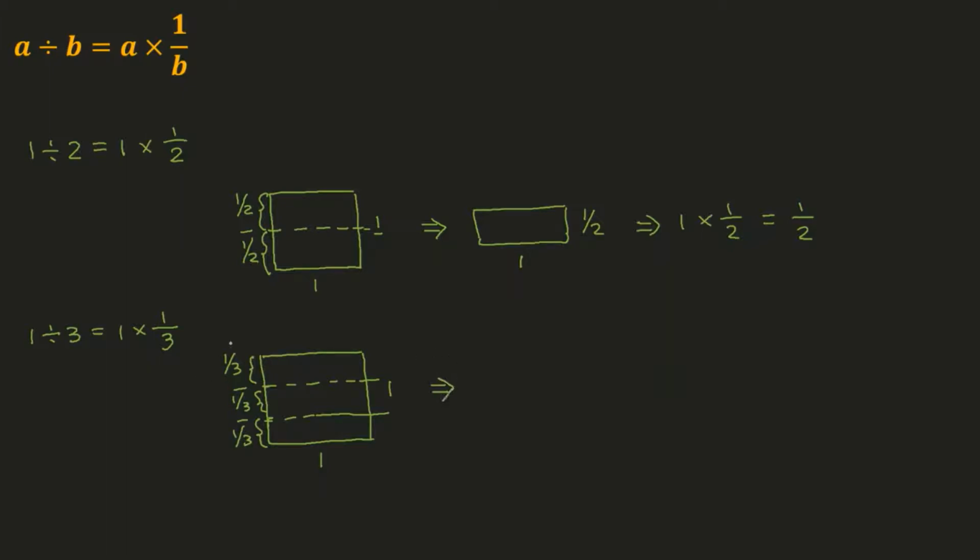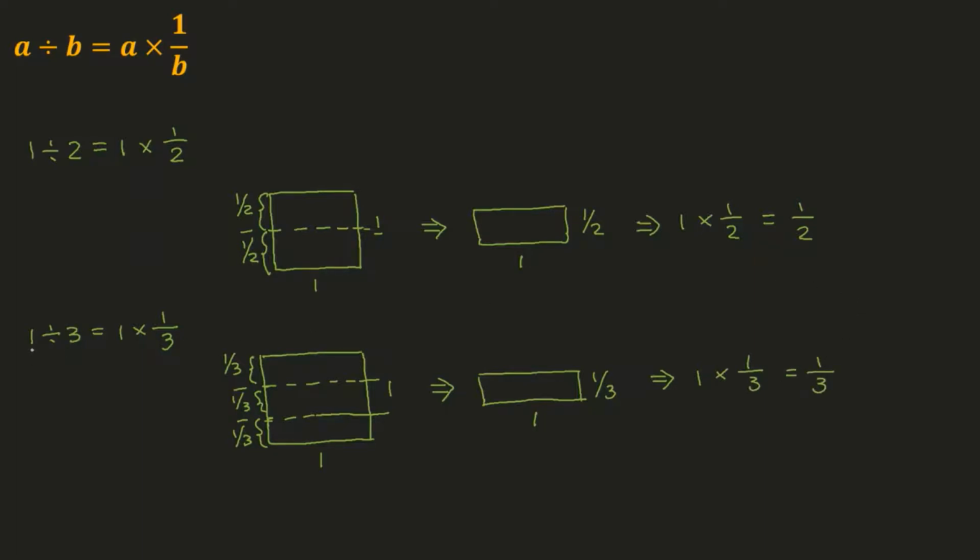So 1 square divided into 3, then one section becomes 1/3. And the area of this unit section becomes 1 times 1/3, which is 1/3.